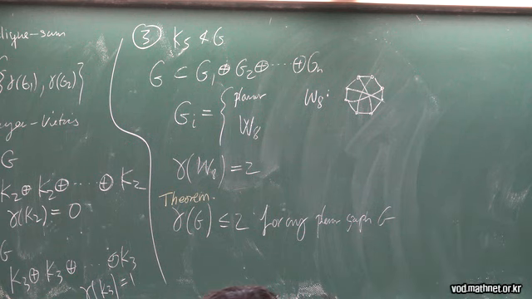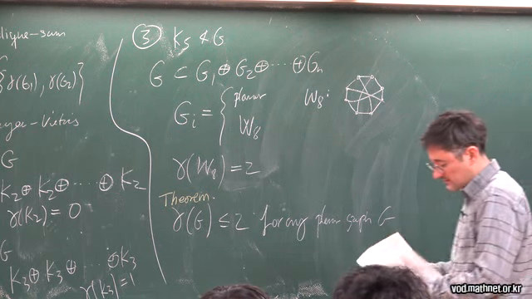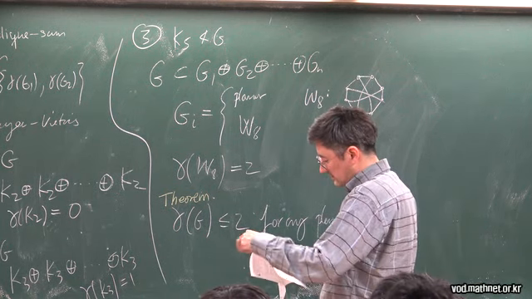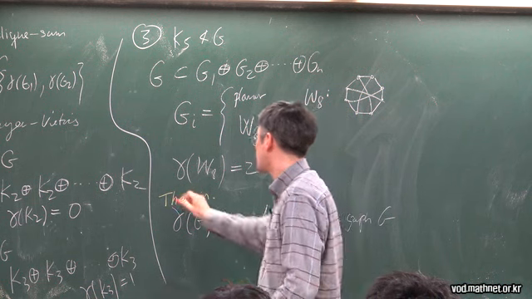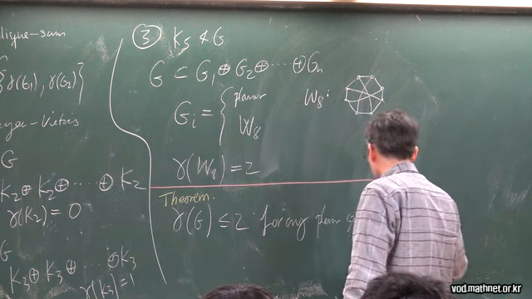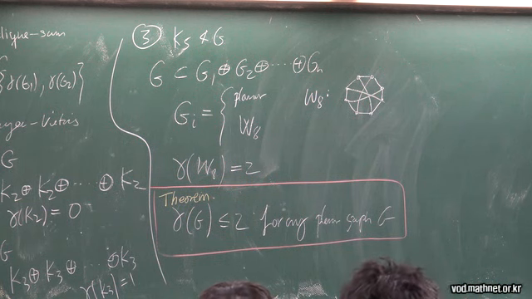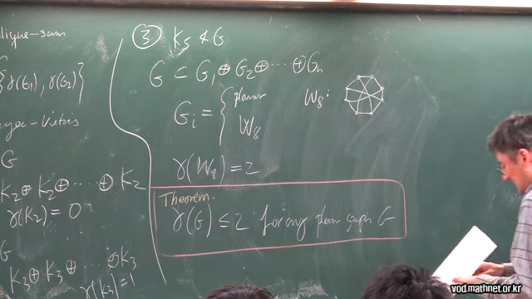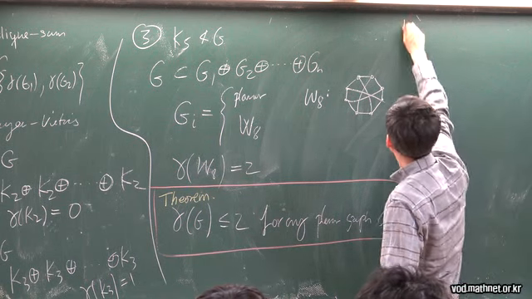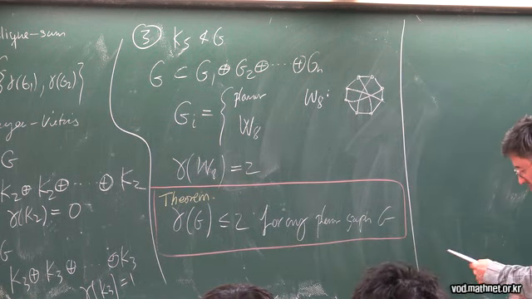Okay, so maybe I have a few more minutes, so let me explain a little bit about this crucial part here. And for this, the key thing we need is a combinatorial identity.